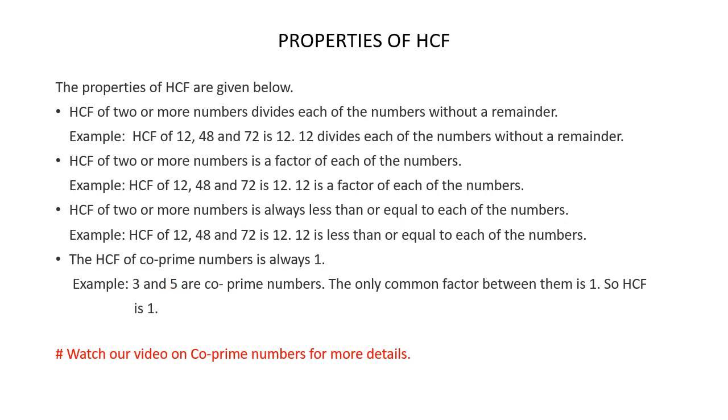The factors of 5 are 5 and 1. So the only common factor between them is 1. So HCF of 3 and 5 is 1. So HCF of the co-prime numbers 3 and 5 is 1. Watch our video on co-prime numbers to understand more details about co-prime numbers.